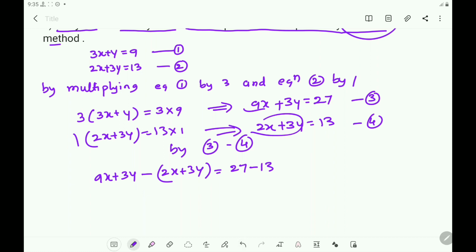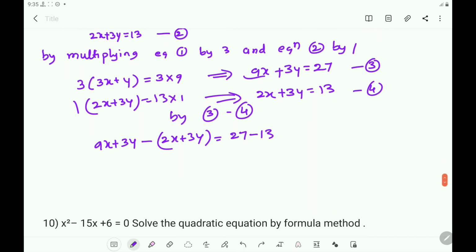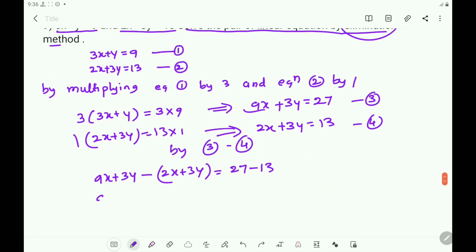Then you do 9x plus 3y minus, open the bracket, 2x minus 3y. Here the bracket is opened, so it becomes minus 2x minus 3y. 27 minus 13, you know that 27 minus 13 is 14.